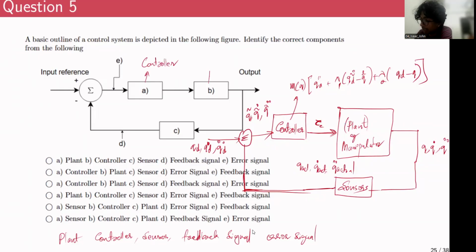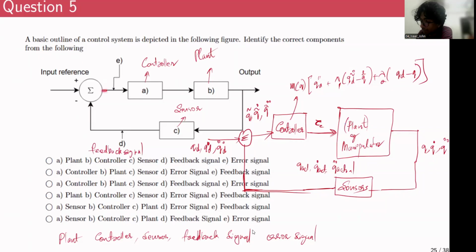And B would be the plant or your manipulator. And C would be your sensor. And whatever you obtain from the sensor is nothing but the feedback signal, the actual coordinates of position, velocity, and acceleration. So D would be your feedback signal.